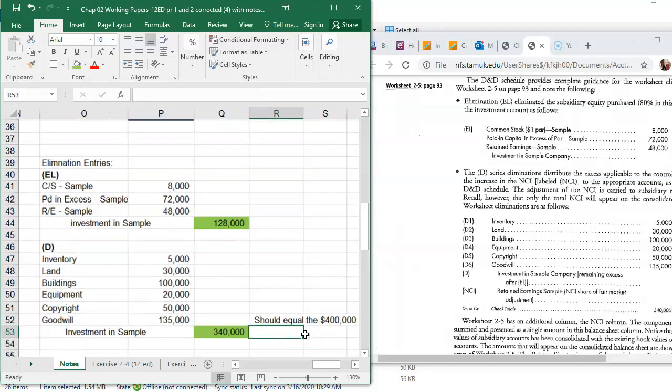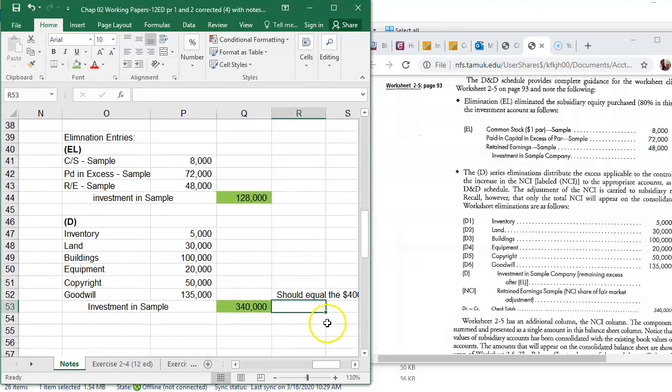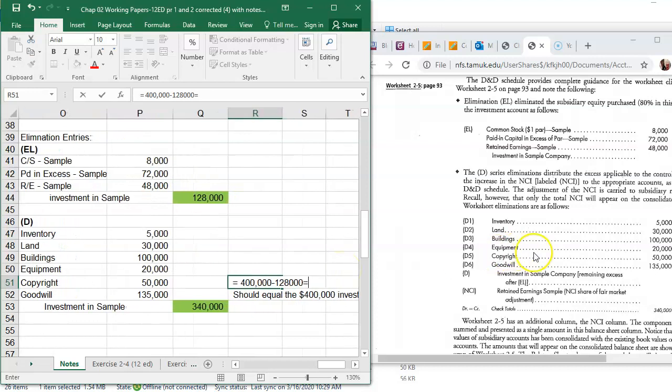I can't take any more of that investment account than what's already in there. I know I already have 128 in there, so that one needs to be for what, 232? 272.